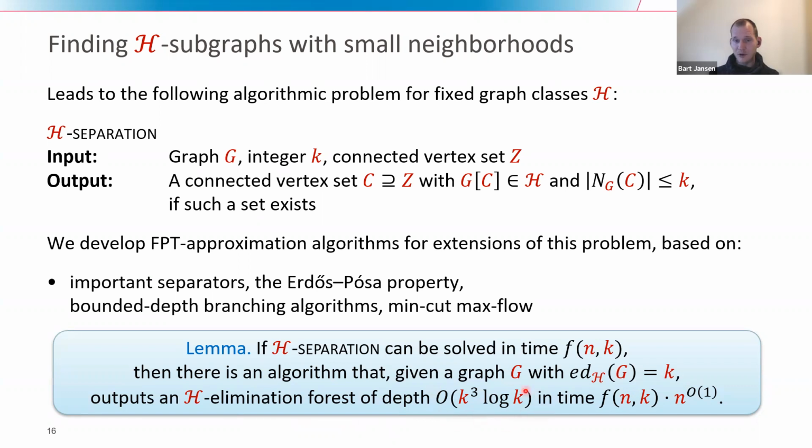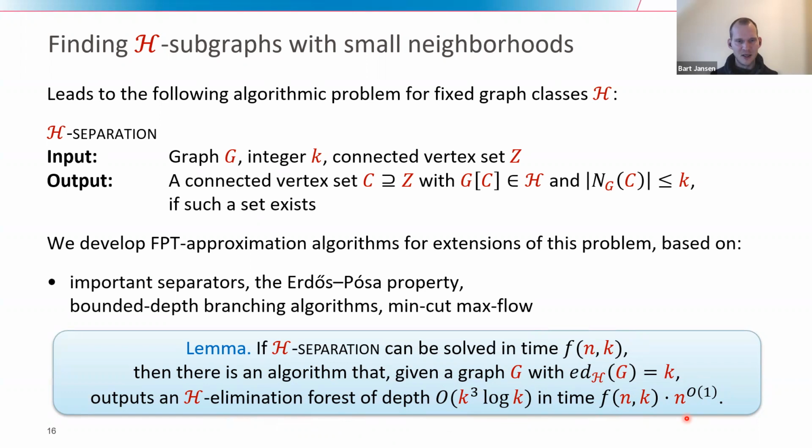So this is a poly-opt approximation to computing the H elimination distance, and it does so with basically polynomial in n overhead over whatever the running time was of your black box. If your black box was in polynomial time, then actually the overall algorithm will be in polynomial time.